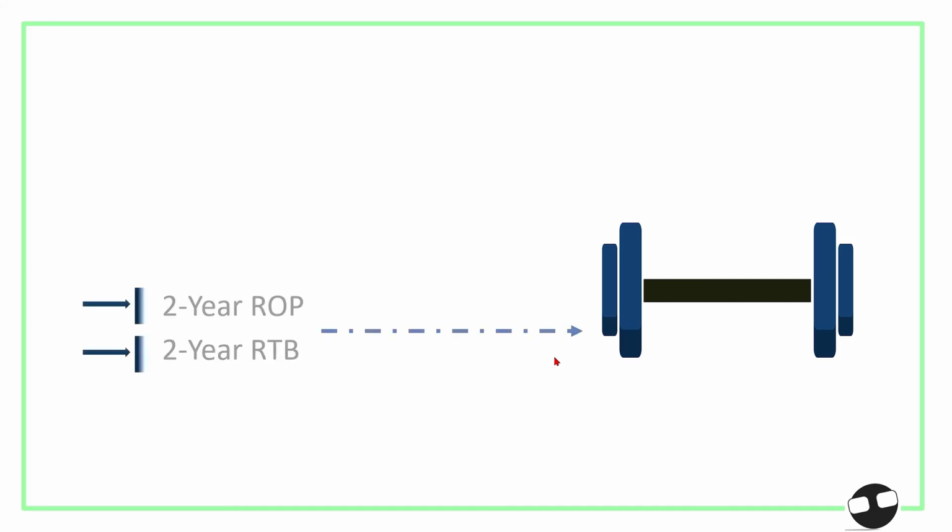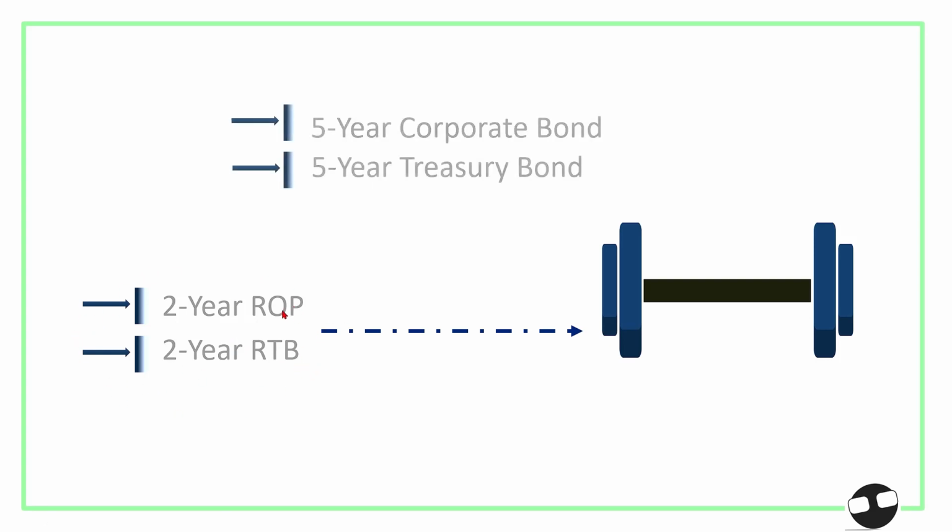So, yung concept is that itong left side ng barbell mo would be focused on intermediate bond funds, okay, multi-currency peso and dollar, and then yung other end naman ng dumbbell mo is focused on long-term.